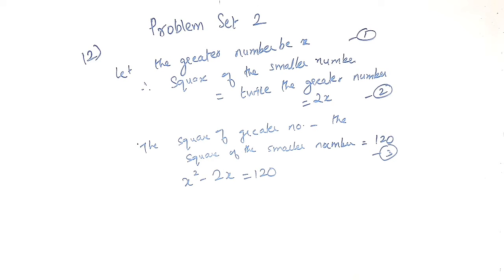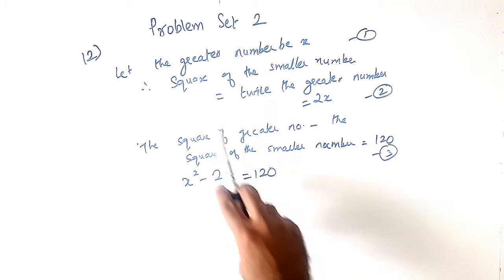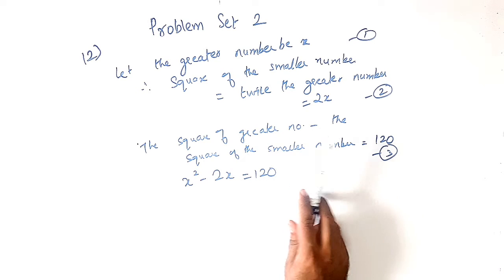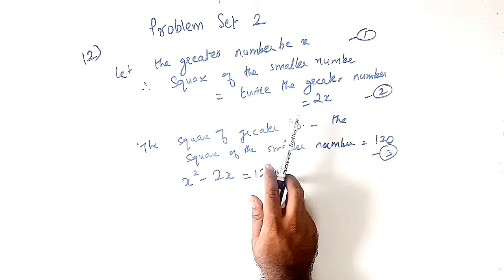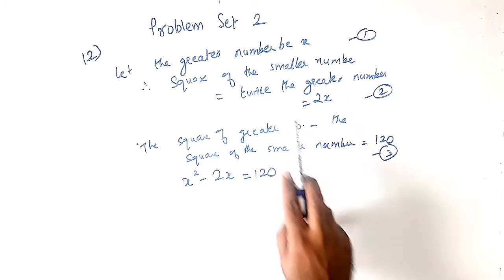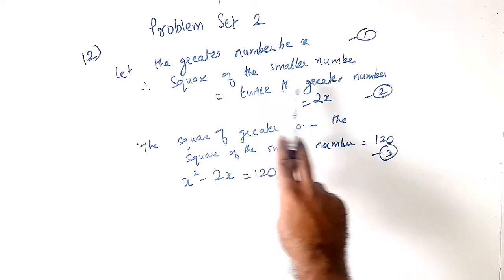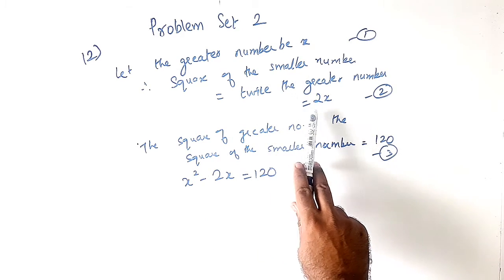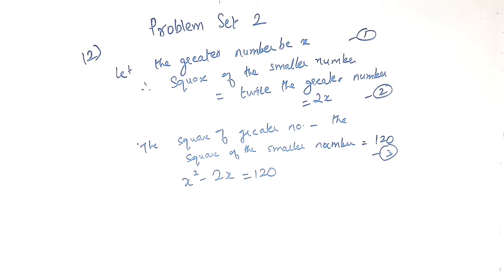The difference between the squares of two numbers is 120. I took the greater number as x. The square of the smaller number is twice the greater number, so I can take the square of the smaller number as 2x.